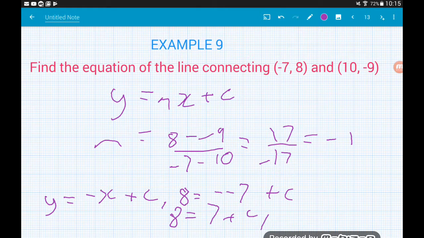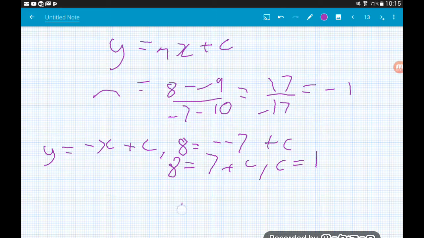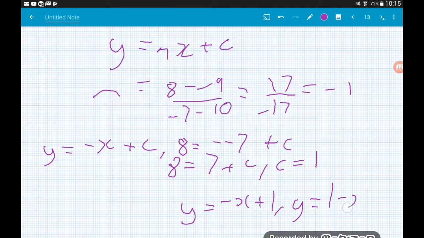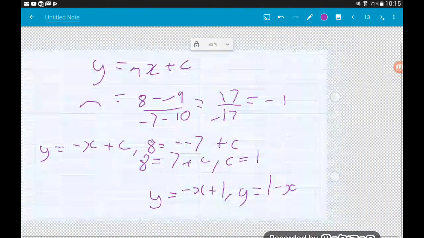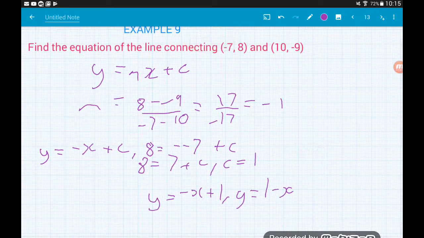And then if we take that 7 away, that would tell us that c is equal to 1. So here the equation of our line is y equals minus x plus 1. Or we could write that as y equals 1 minus x. Completely up to you.